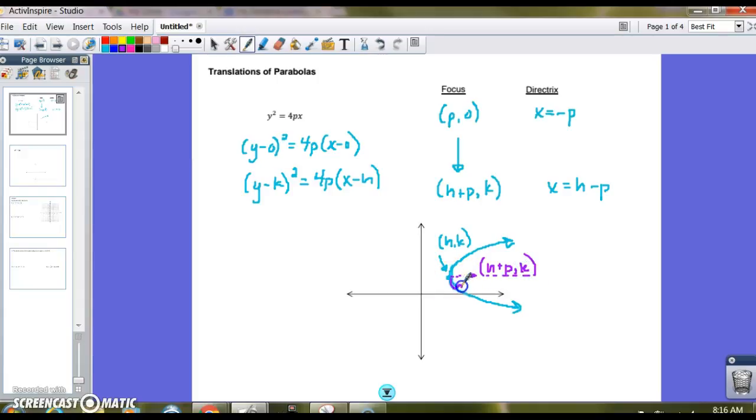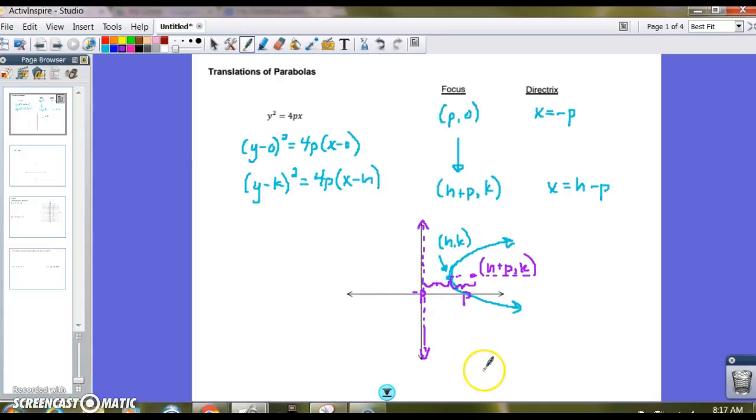So this distance from here to here is p, and then the distance from here to here is also p, we just call that negative p, and then here is your directrix, and that would just be at h minus p or h plus negative p. You can kind of think of it that way.